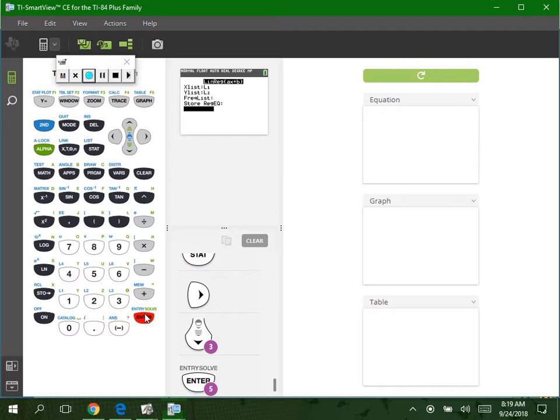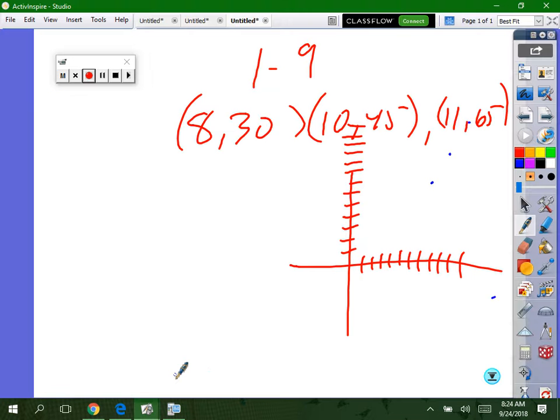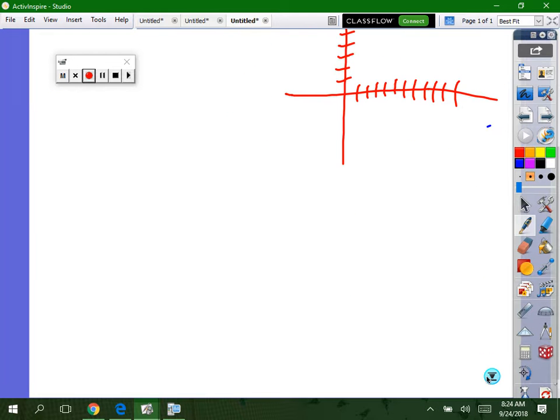As I go back here really quick, you guys maybe all have the exact same information I do. Some information it gave us was an equation of a line, y equals ax plus b. We usually say mx plus b, right? But it's okay. This is an equation of a line.